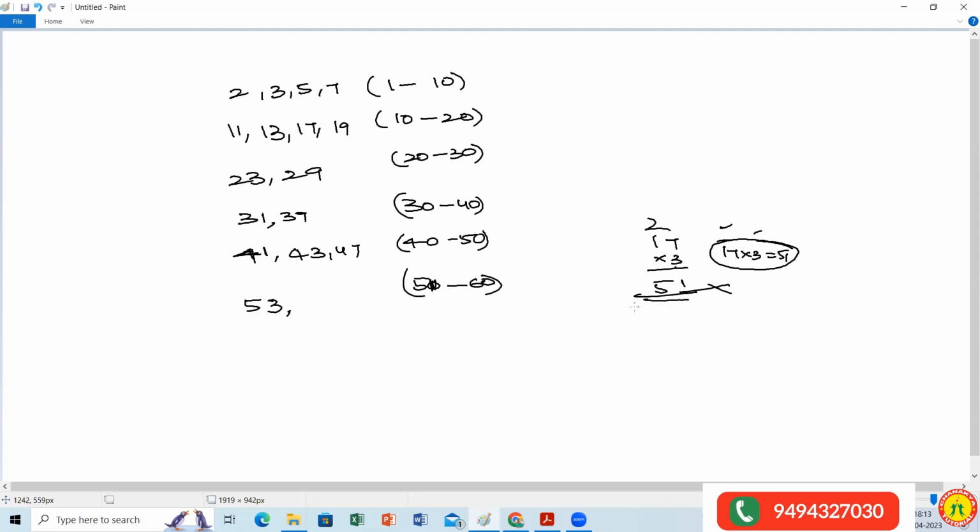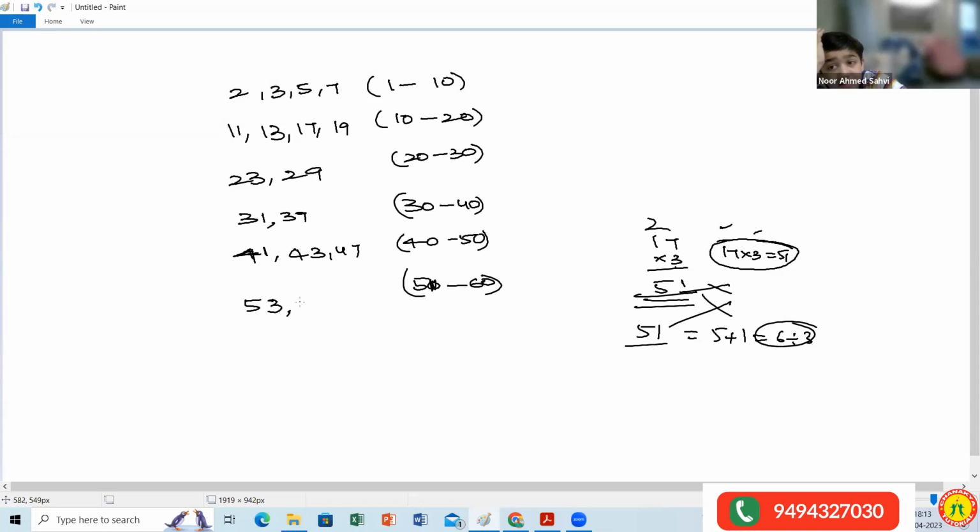But in the earlier case, 51, the sum of digits 5 plus 1 is 6, and 6 is divisible by 3. That's why it is not true. But 53, 5 plus 3 is 8. 59, 5 plus 9 is 14. Is what was said correct, children? 59? Yes, ma'am. Very good. It's 59. Very good, Noor, correct.